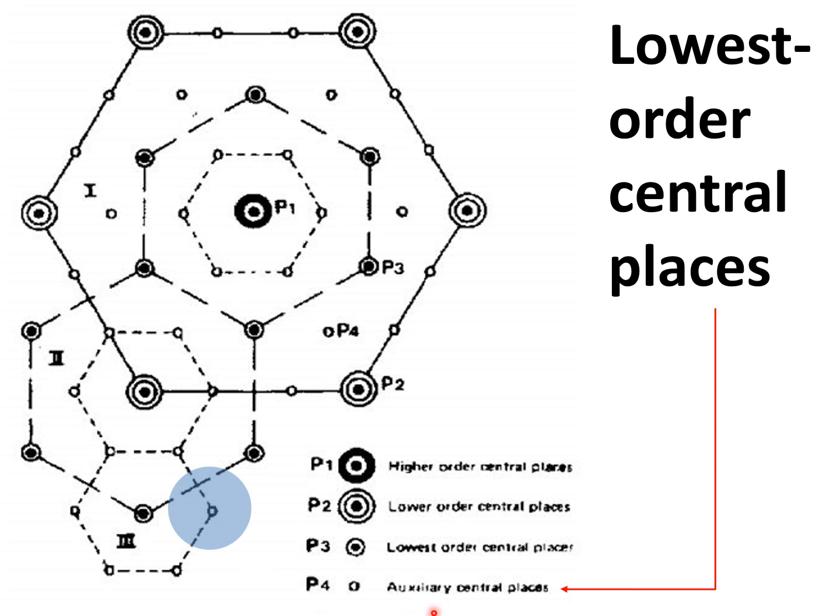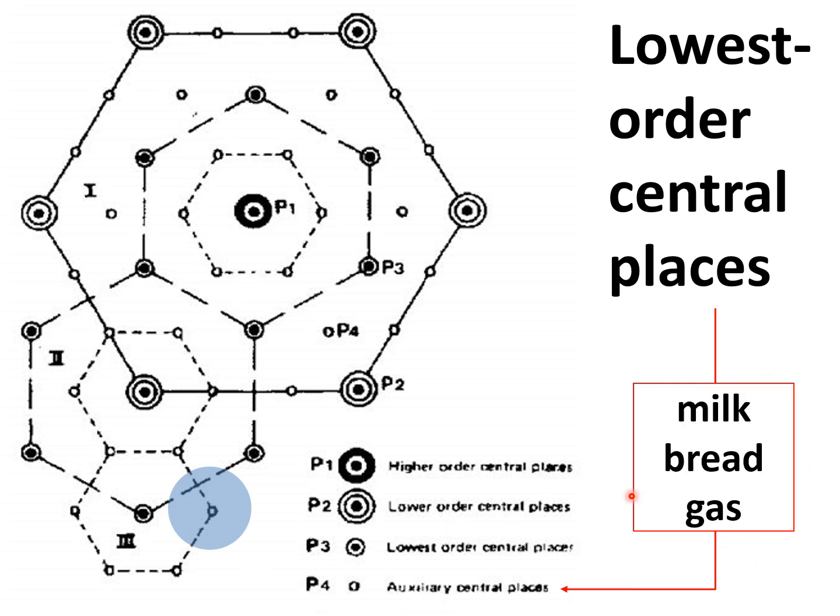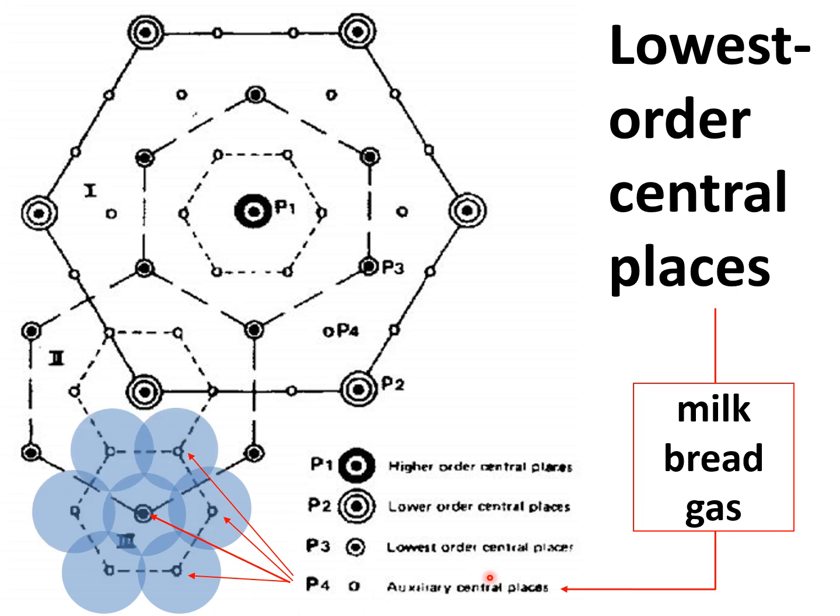So again, the lowest order central places, with goods like milk, bread, or in this example gasoline, are found all over the map. These P4 locations provide milk, bread, and gas, but this P3 location will, in addition to providing milk, bread, and gas, also provide meat and vegetables, I believe is my example, right?